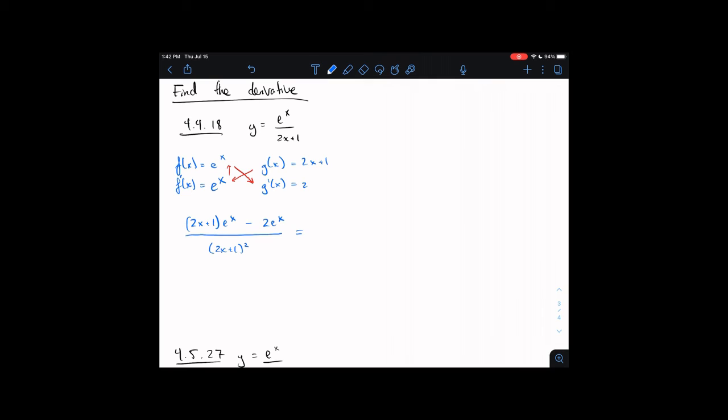So we can pull an e to the x out of the top, and we have e to the x times 2x plus 1 minus 2. And we'll leave the bottom the same. And then these will cancel into each other. We'll be left with a minus 1. e to the x times 2x minus 1 over 2x plus 1 squared. So not too bad.